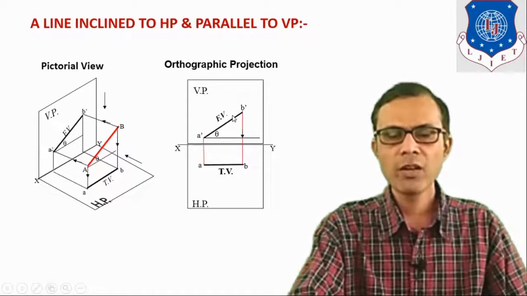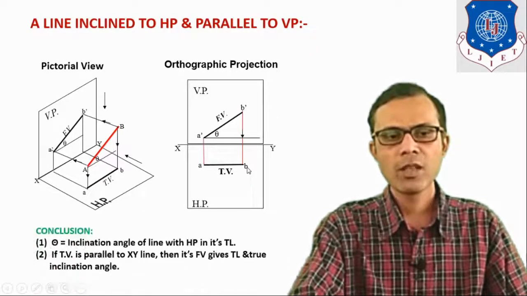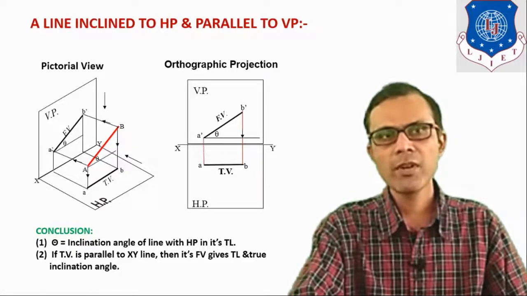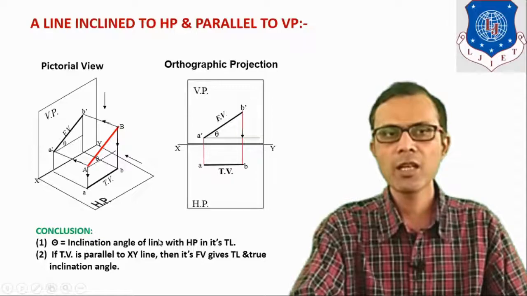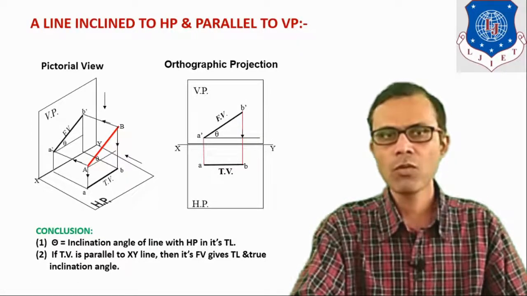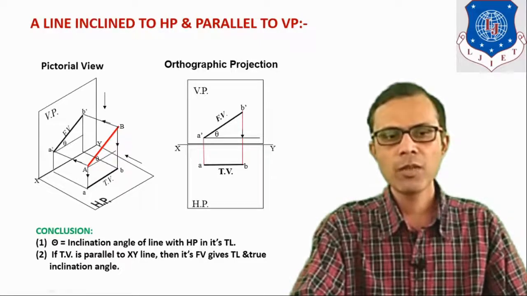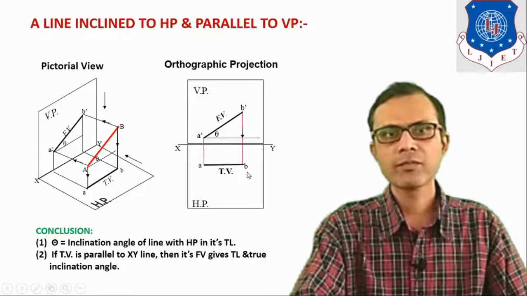So in the front view it is true length, true inclination angle, and in the top view it looks like a straight line. So what conclusion can we derive from this example? First, theta is the inclination angle of the line with HP in its true length, and you can see here this top view is parallel to the XY line.